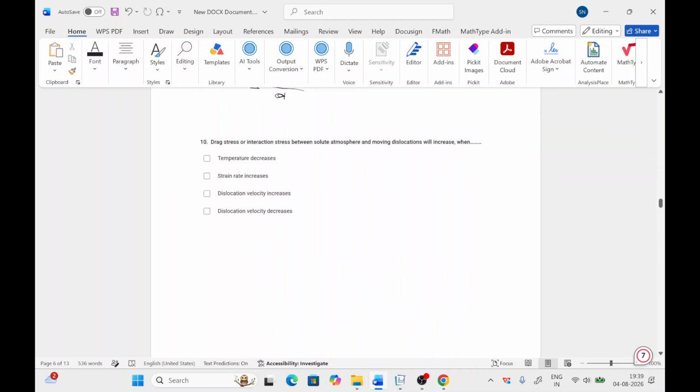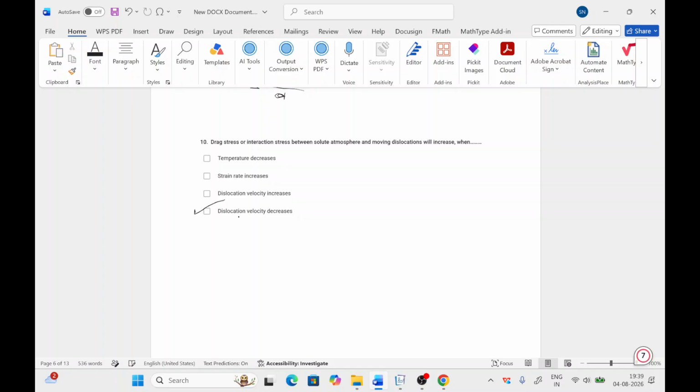Tenth question: drag stress, or interaction stress between solute atmosphere and moving dislocations, will increase when... dislocation velocity increases? No. When the dislocation velocity decreases, the solute atoms can easily lock the dislocation, so the drag force will increase to move the dislocation.